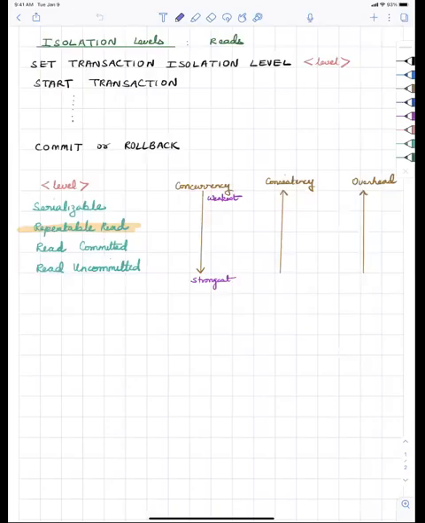Isolation levels. We spoke about the ACID properties, and in particular the isolation property, where the goal is that it looks like each transaction is running in isolation, though in reality there are concurrent transactions going on.